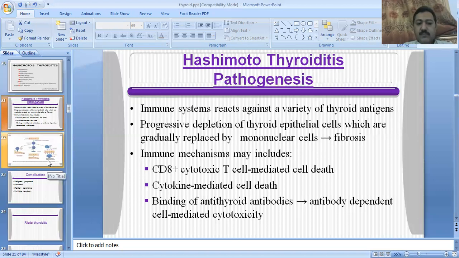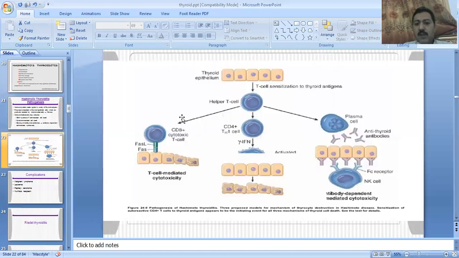Here is a sketch by which you can also remember the pathogenesis or mechanism of Hashimoto thyroiditis. These are the thyroid follicular epithelial cells. When some antigen comes and activates our immunological process, the T cells will be activated in the form of helper T cells and cytotoxic T cells.